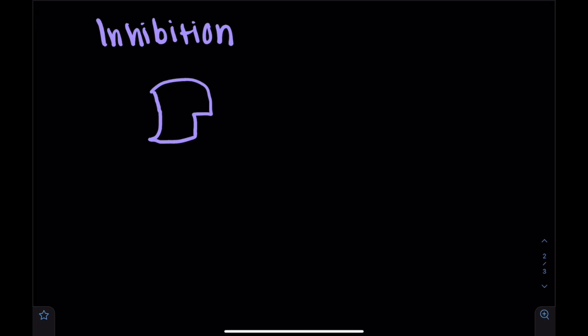Okay, so this is our enzyme. This is going to be our allosteric site. And then we have a little inhibitor here, which would fit right into this little allosteric site, right? Okay. And then, of course, this is our active site.